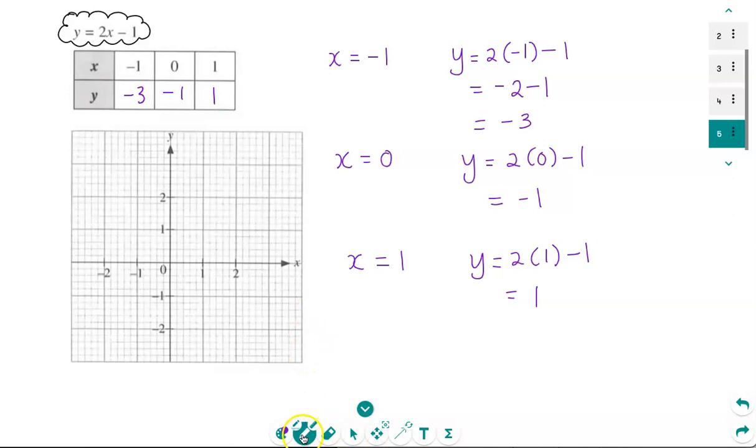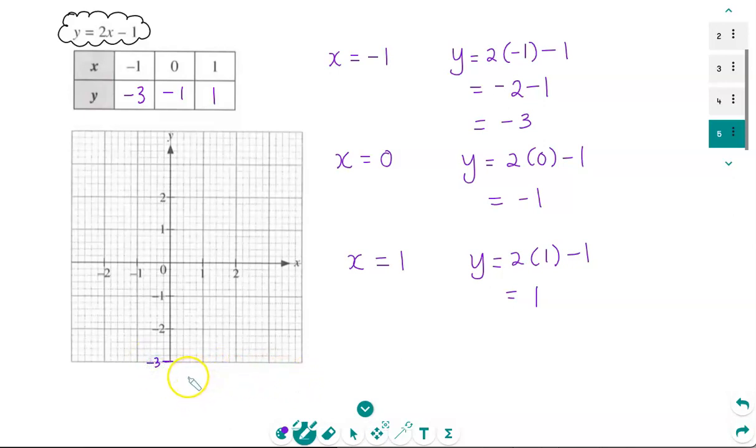And the next step is to mark the coordinates on the graph. Okay, so -1, -3. So I have one more here that I can use. Or I should be writing it the other way here.